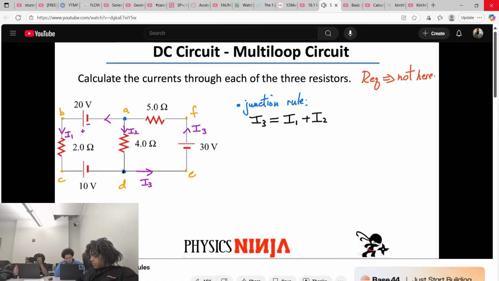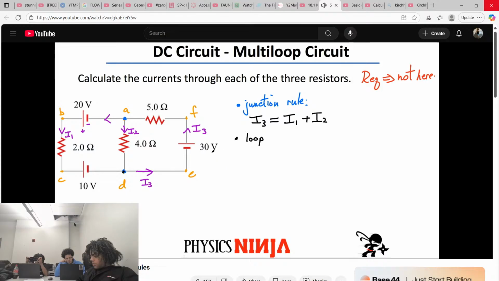All right, the next thing we want to do is write Kirchhoff's loop rule. The loop rule is pretty simple. You simply have to pick loops. In this case, there are 3 loops I can choose for this circuit, and we'll write it down for all 3.